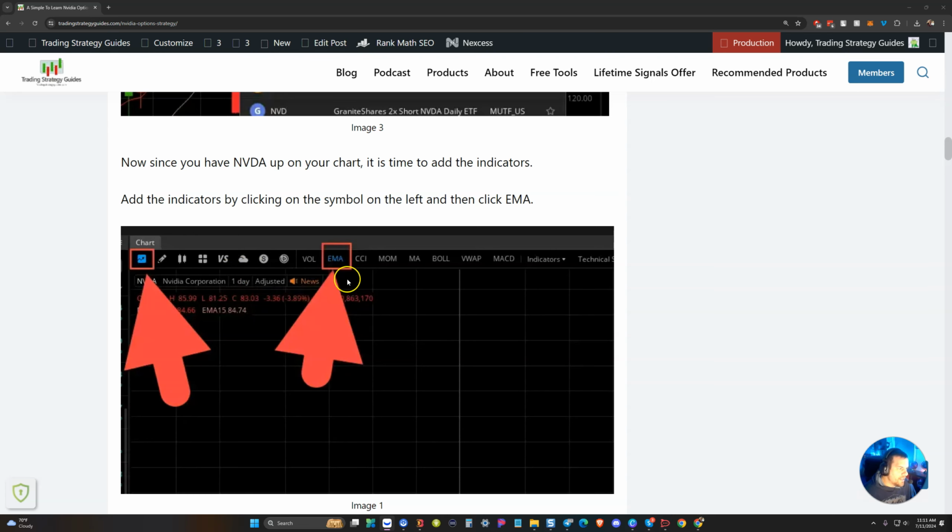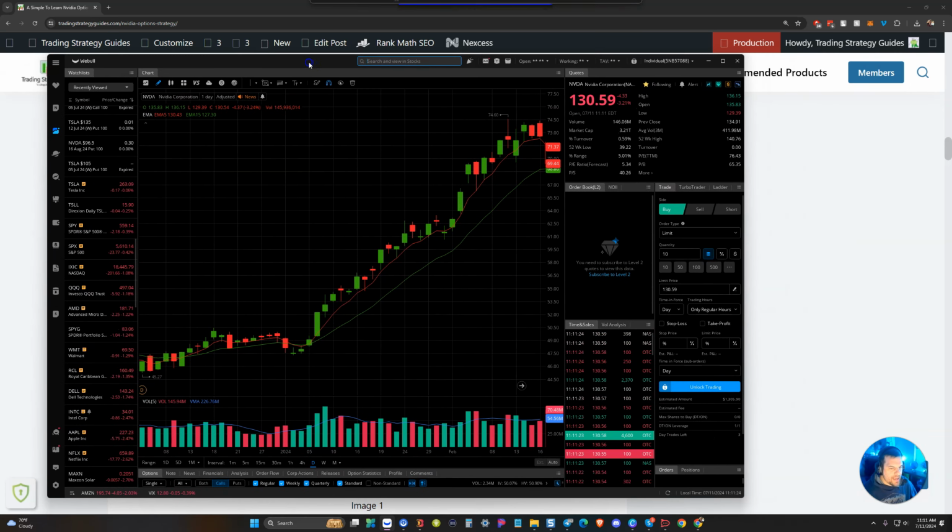Step two is you're going to put EMA moving averages on your chart. You go all the way up here to the indicators button. This will be different across platforms, and I'm not going to go into all of them because there are like a million platforms out there. But you go up to indicators and click on EMA, and that'll add your EMAs to your chart.